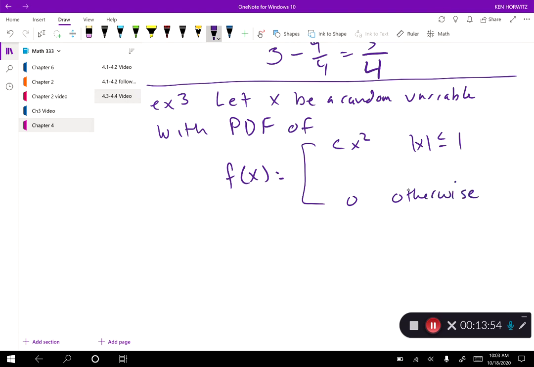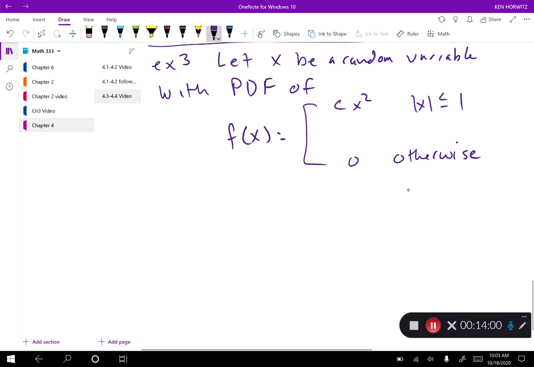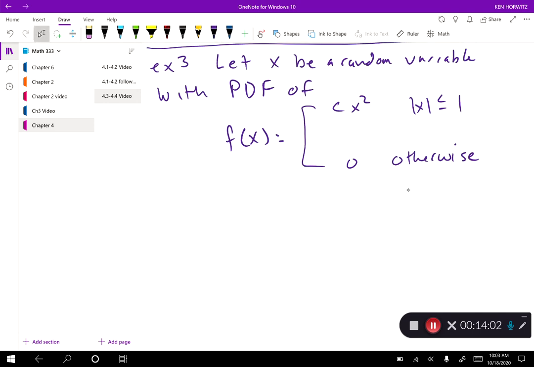So once again, I'm just changing up the information on you and seeing how you compensate. So I want to find a couple of things. I want to find C, which is a constant.